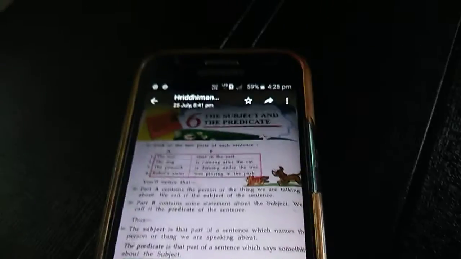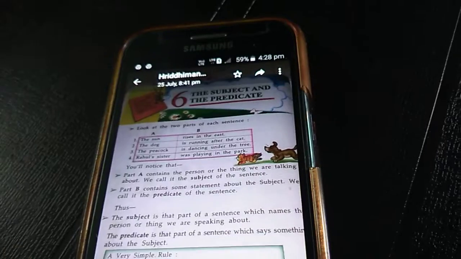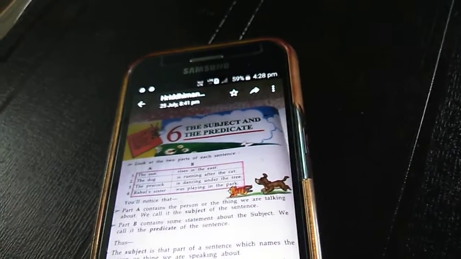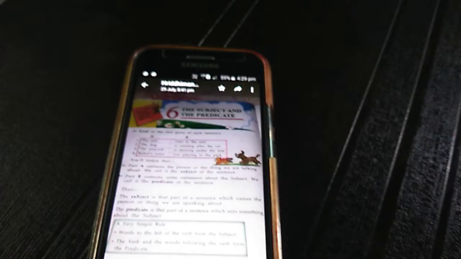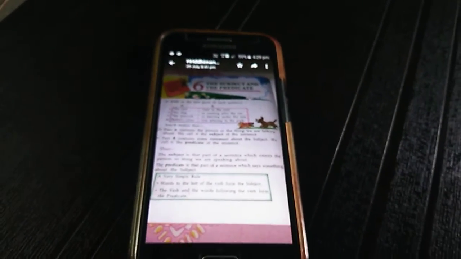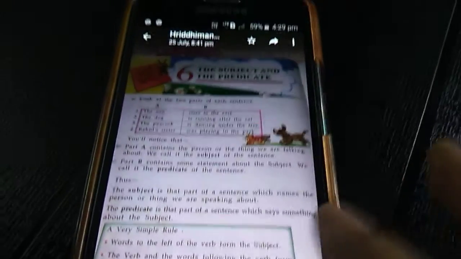So the word on the left side of the verb is known as the subject, and the verb and the words following it are the predicate. Clear?